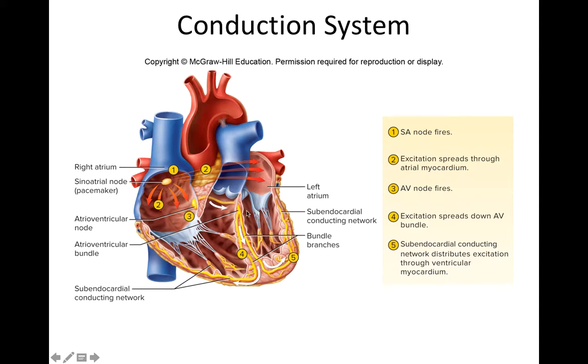It's traveling at 4 meters a second, so by the time the muscle can actually depolarize, it's going to be following the upward trajectory of the signal, not this downward piece right here. So it's coming down the interventricular septum, but it's going so fast that the muscle begins to respond somewhere in here, and the response is going to follow the signal, and the response is going to go from the bottom up.